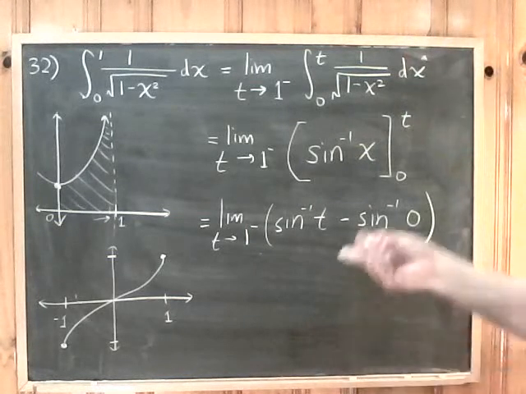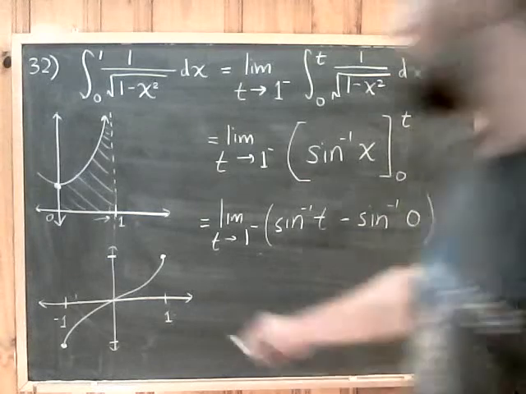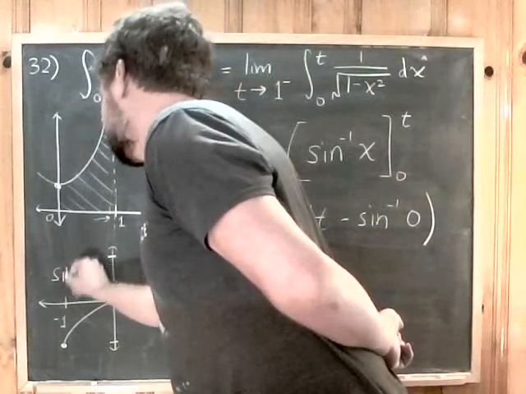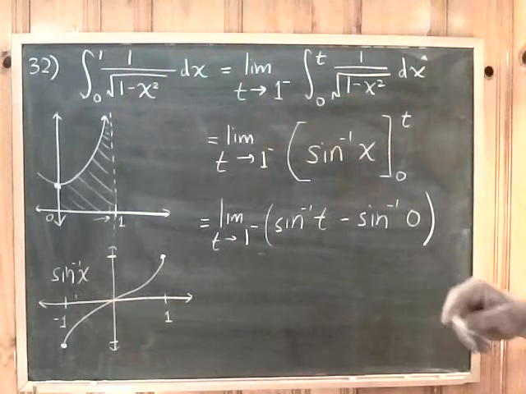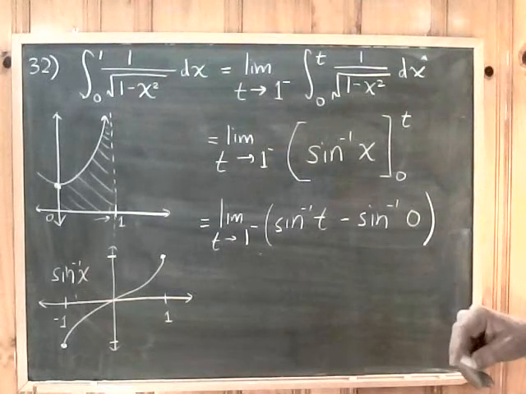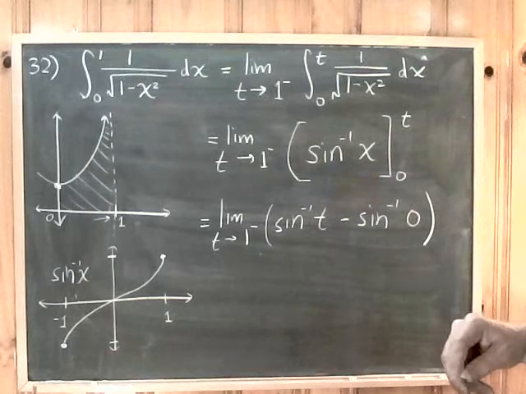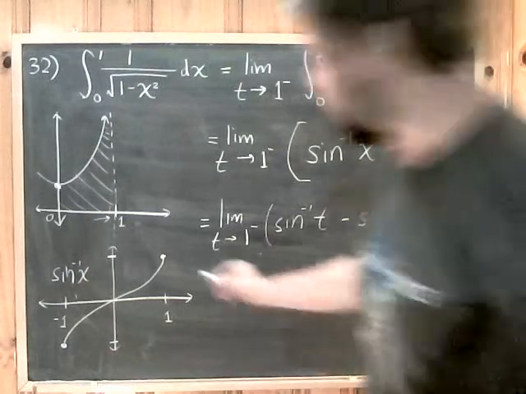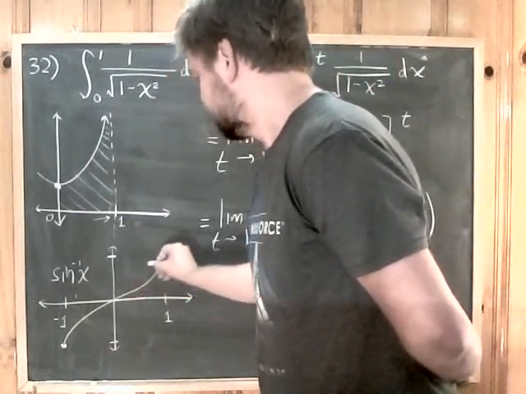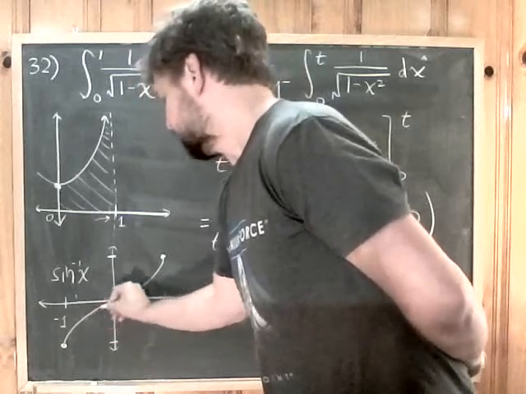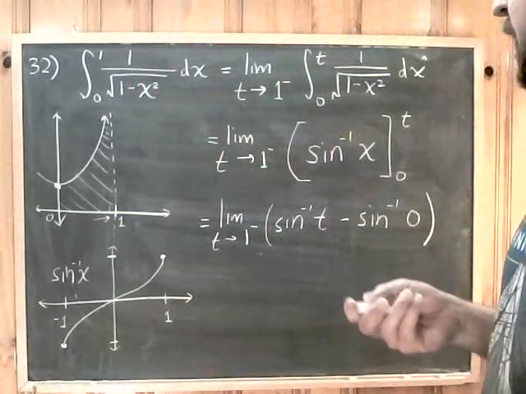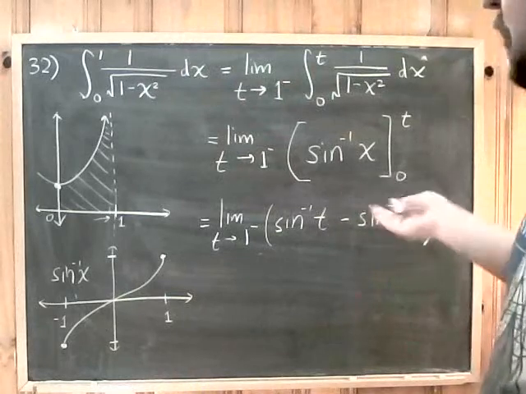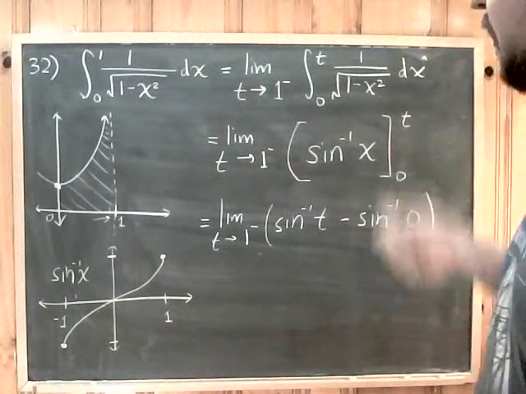And it helps to have the graph of inverse sine. This is the graph of inverse sine down here, arc sine. And it's just the graph of sine reflected through the diagonal line, the y equals x line. But remember, the graph of inverse sine, or arc sine, can only go between -1 and 1. Actually, that's a convention.